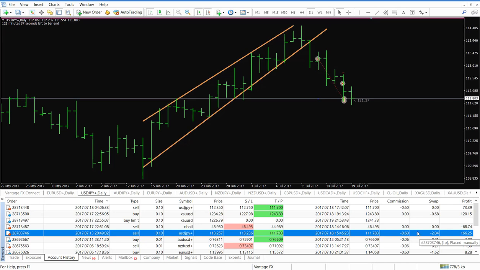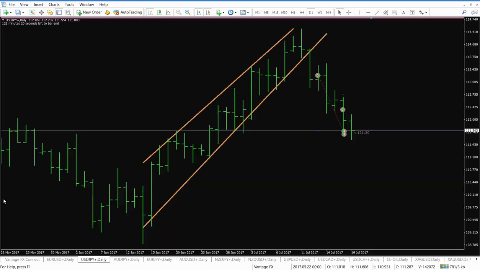So it's gonna be like $240. Not bad. Again, if this was one lot, if you have a good amount of money, and you put one lot, it's gonna be like a $2,400 profit in like 4 days.